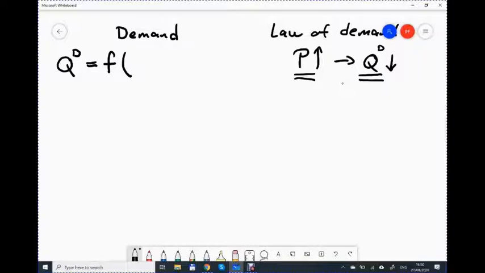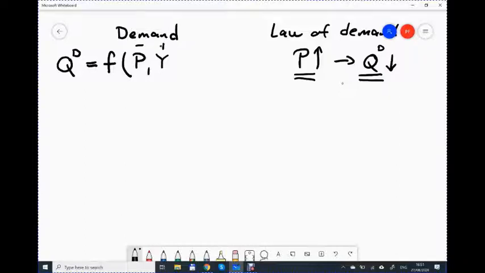And we know that the quantity demanded is going to depend on the price of the good, and we know that this is a negative relationship because we assume this with the law of demand, but it will also depend on other factors. For example, the available income. It is quite logical that if you have a higher income, then you may be willing to purchase a good even at a higher price.